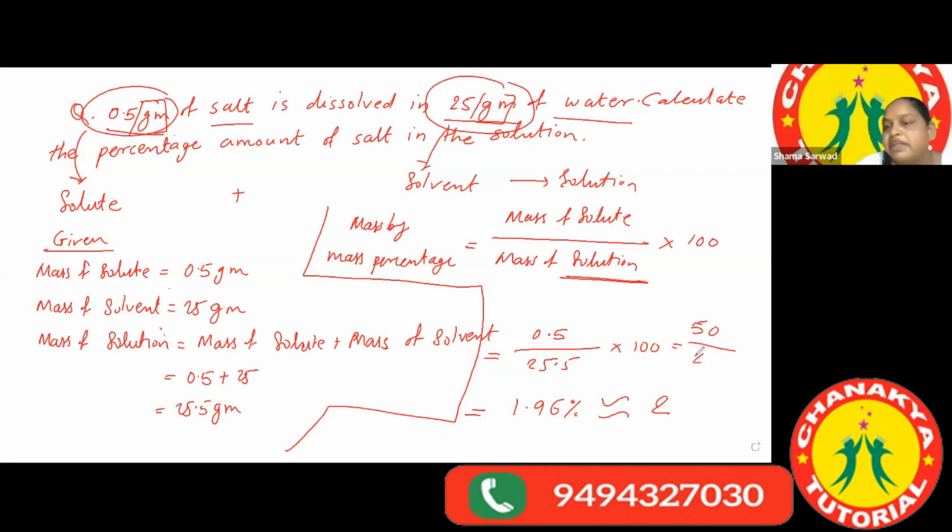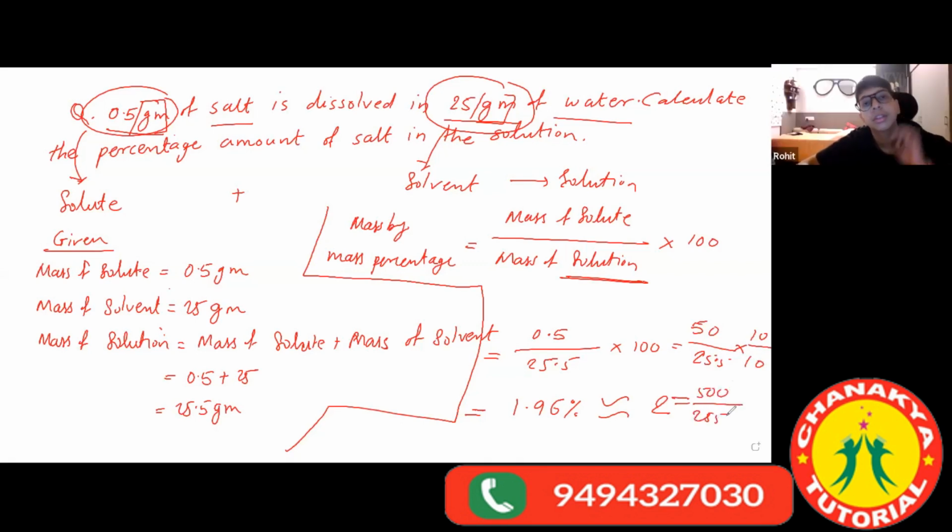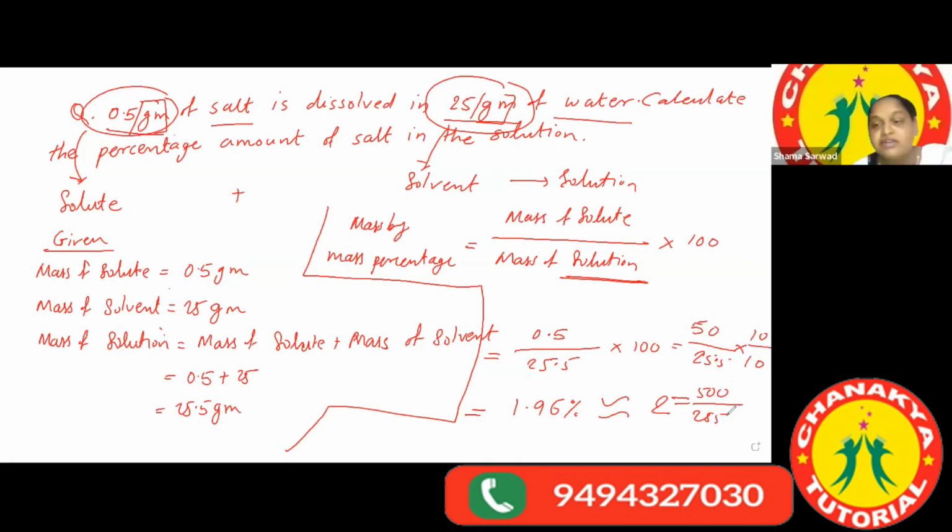You can make it simple. This is 25.5. If you multiply both by 10, you will get what? 500 upon 255. Now 2 into 255 is 510. Sorry, 2 into 250 is 500. So as 5 is more, your value is slightly less than 2.